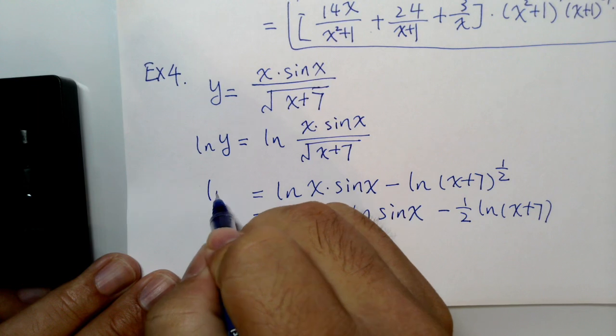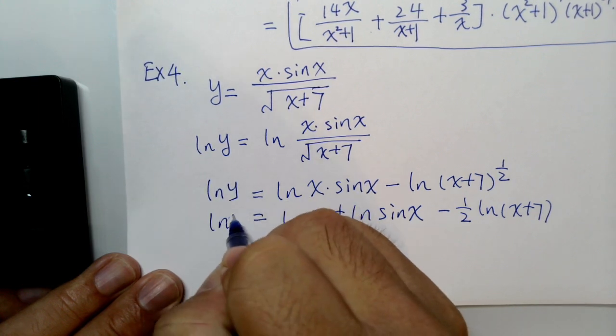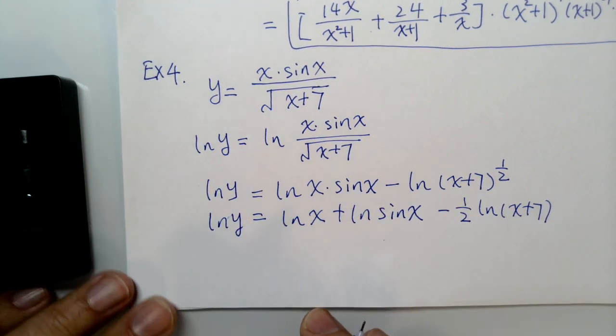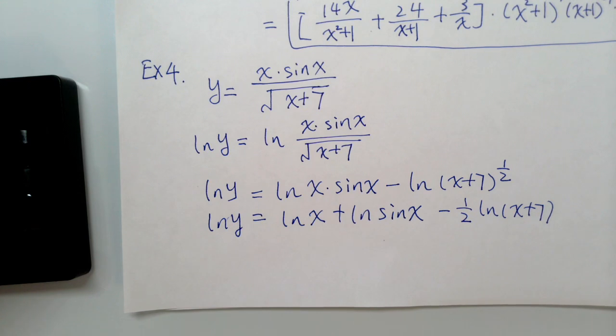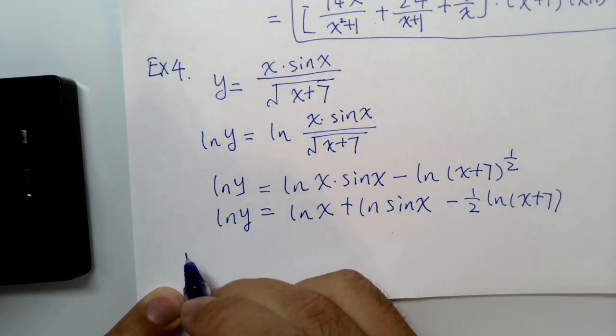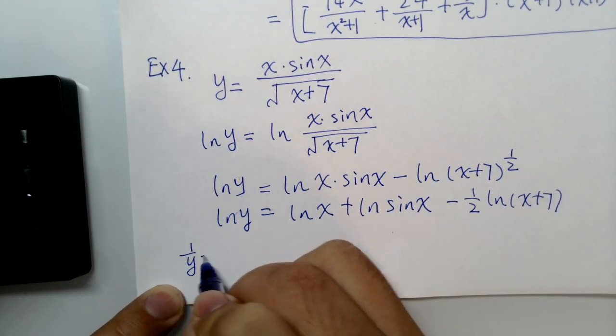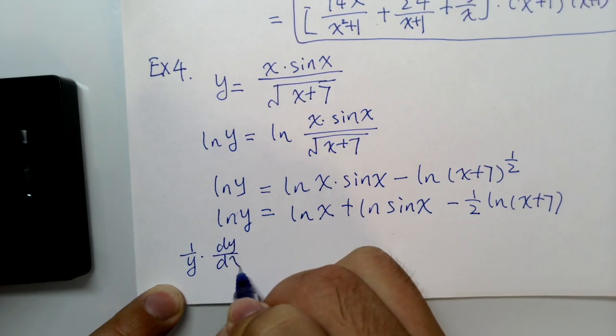Of course our left hand side is ln of y. Now we take the derivative with respect to x on both sides. Our left hand side is 1 over y times dy dx.